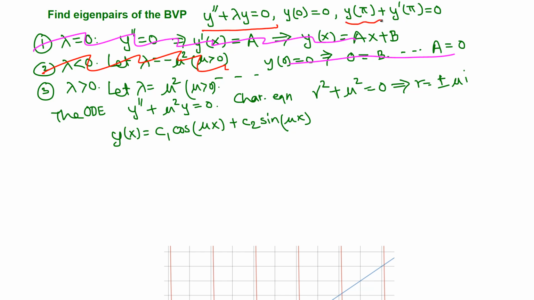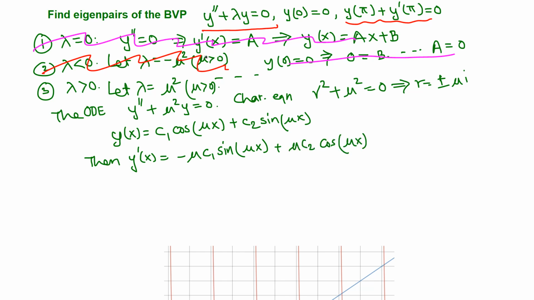Looking at the second boundary condition, we've got y', so we need to find its derivative. Then y' is, cosine means negative sine, so -μc1 sin(μx) + μc2 cos(μx).